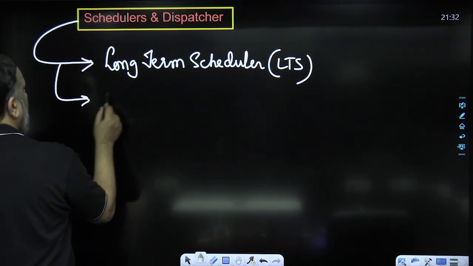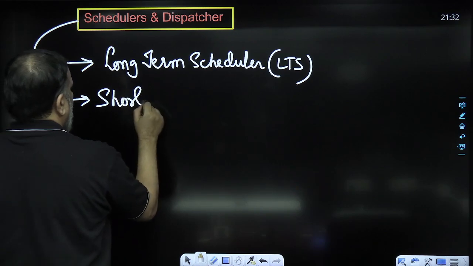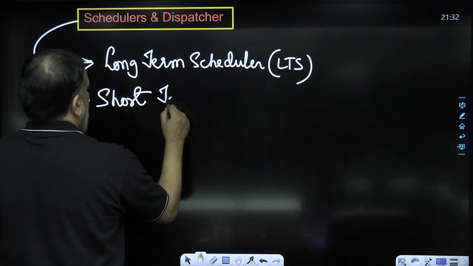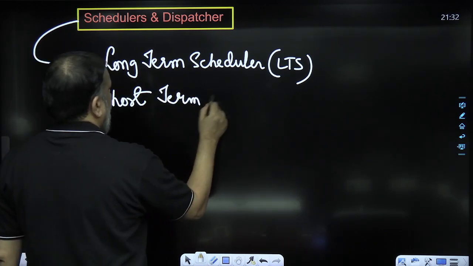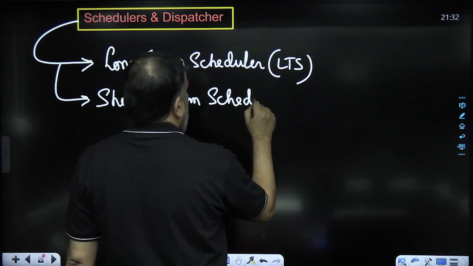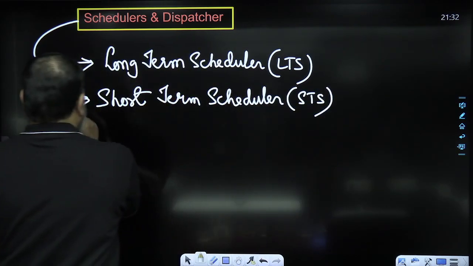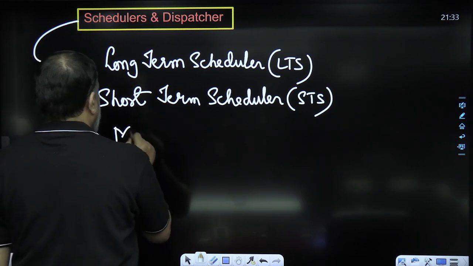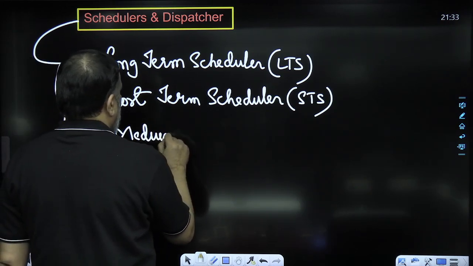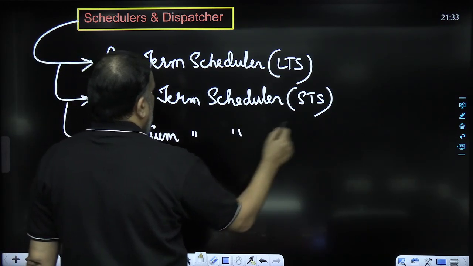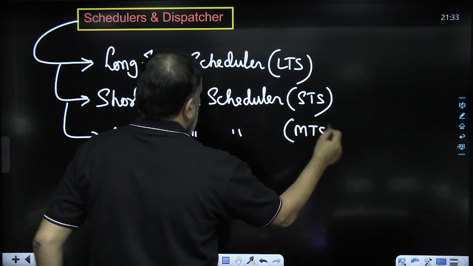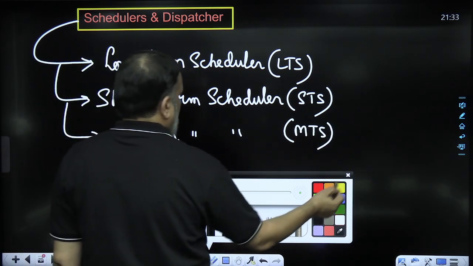Second is called the short-term scheduler, written in short STS. And the third is called the medium-term scheduler, MTS.